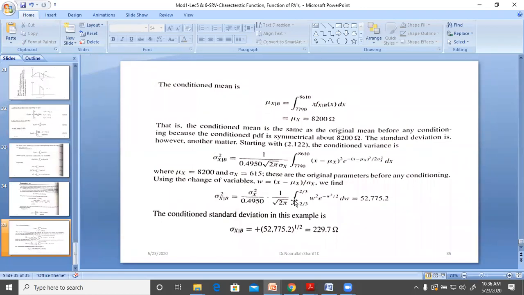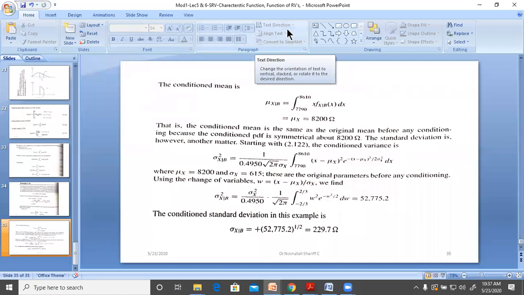This value is given to us as 615 squared divided by 0.4950, and that turns out to be 52775.2. And the root of that will be this quantity. So that's how we can solve this.